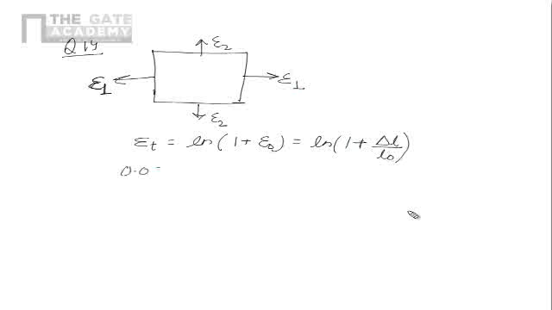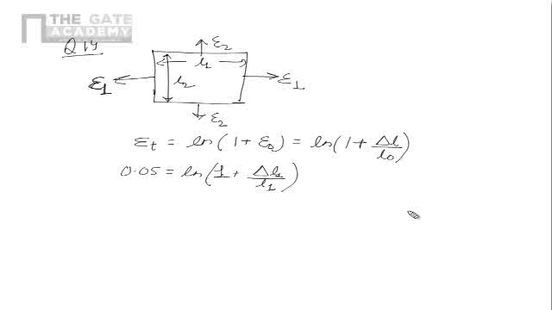So the first true strain is 0.05. That will be log natural of 1 plus delta L1 upon L1, which is the original length of the first side. Let's say this is L1 and this is L2, the original lengths.